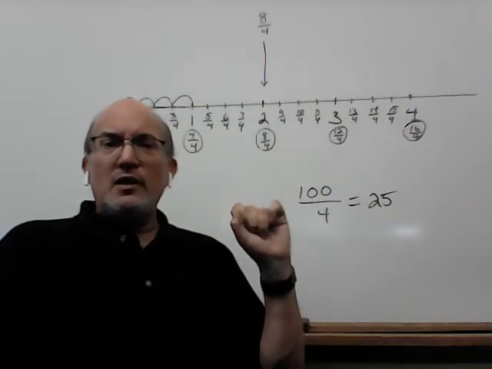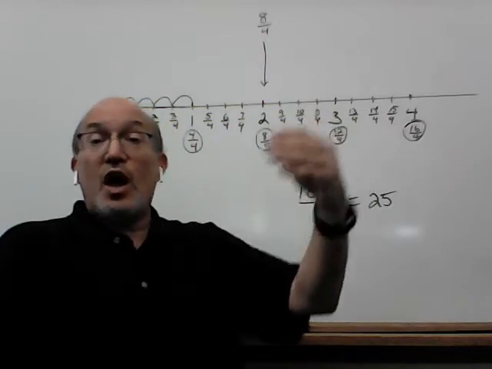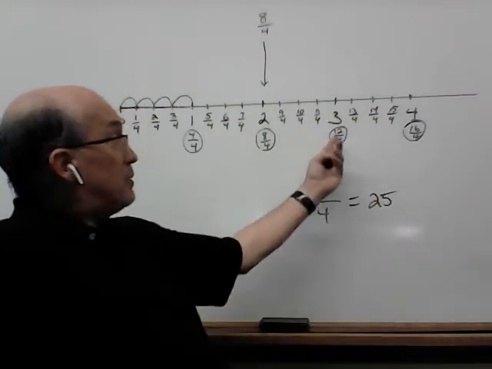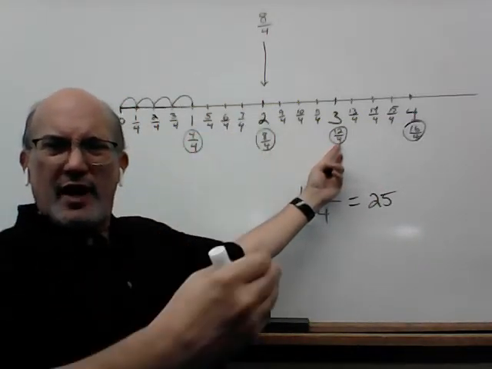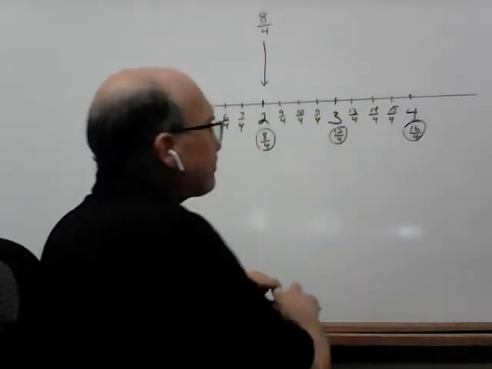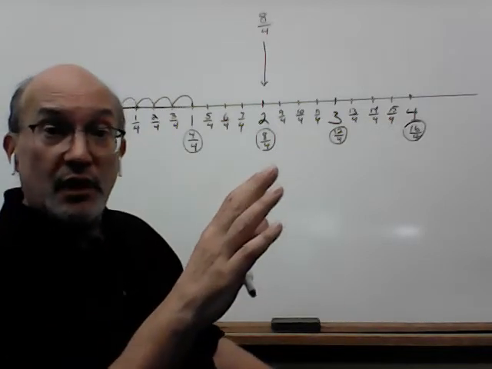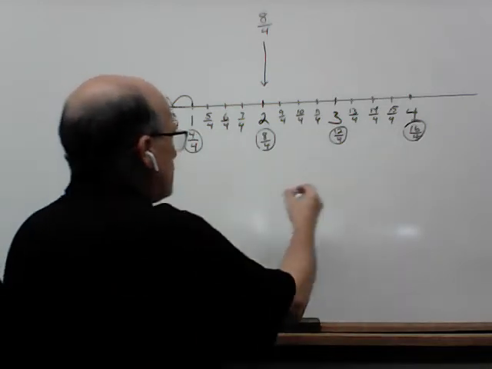A fraction can be thought of and read as a division from top to bottom. It's both. This is both a fraction, 12/4, and 12 divided by 4, which of course is 3. So it's not a full explanation at this point. I will be providing that for you in the future. Let's just write this.